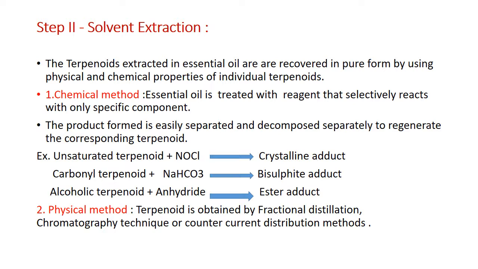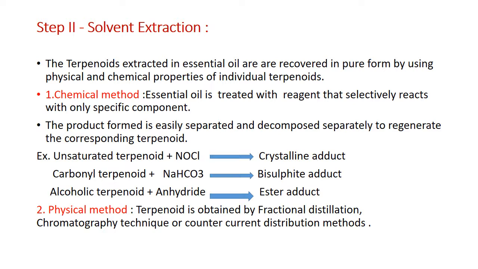When it gives a bisulfite adduct, it indicates the terpenoid contains a carbonyl group. And just now we said if it is an acid, it reacts with sodium bicarbonate, and when you add HCl, a white precipitate forms.